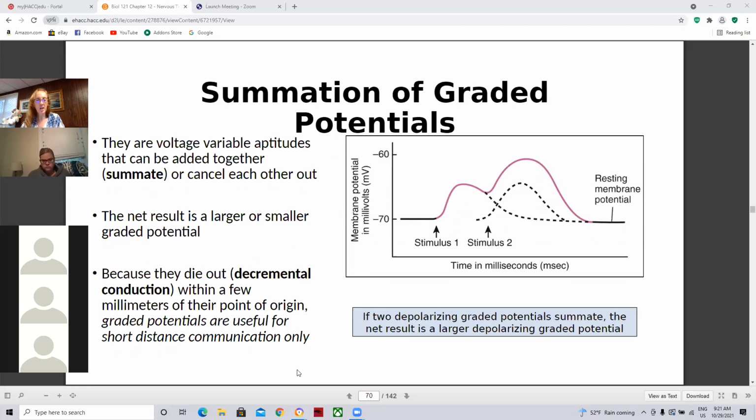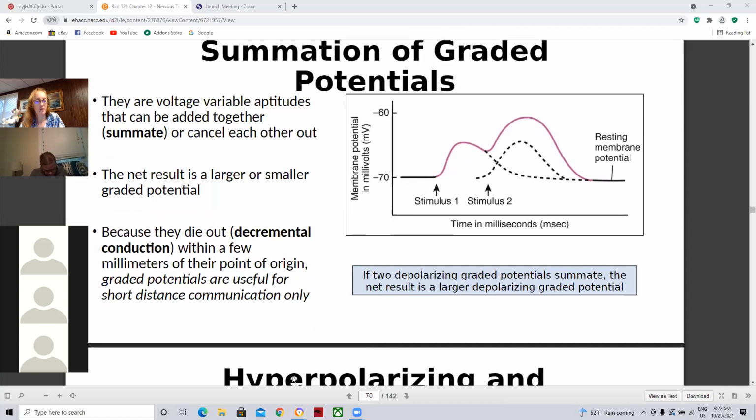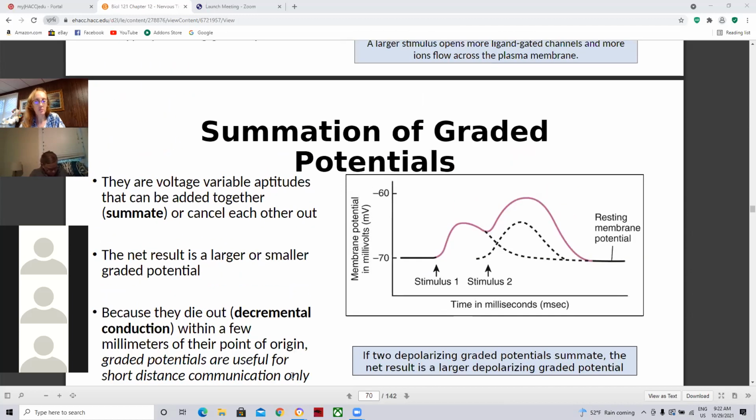Nevertheless, because they die out, meaning they're decremental, graded potentials are only useful for short distances. Questions so far?